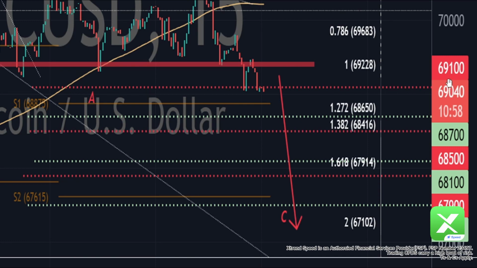My first entry is a sell, of course. Sell stop 69,100. I would take profit at 68,700. This dotted green line, the reading for this is here 68,700. The entry for this dotted red line is 69,100. And then I will have another sell stop $200 below that 68,700 at 68,500. Take profit at 68,100, and then I have another entry 67,900.